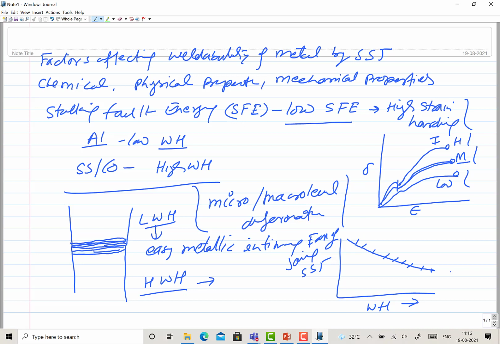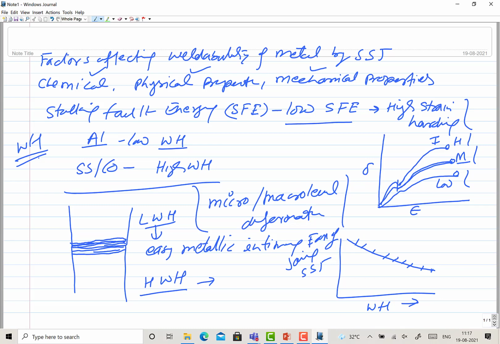So this is about analyzing the role of the different factors that contribute towards the joint performance. Apart from these chemical, physical and mechanical properties, the work hardening tendency of the metal also affects the ease of joining by solid state joining processes.